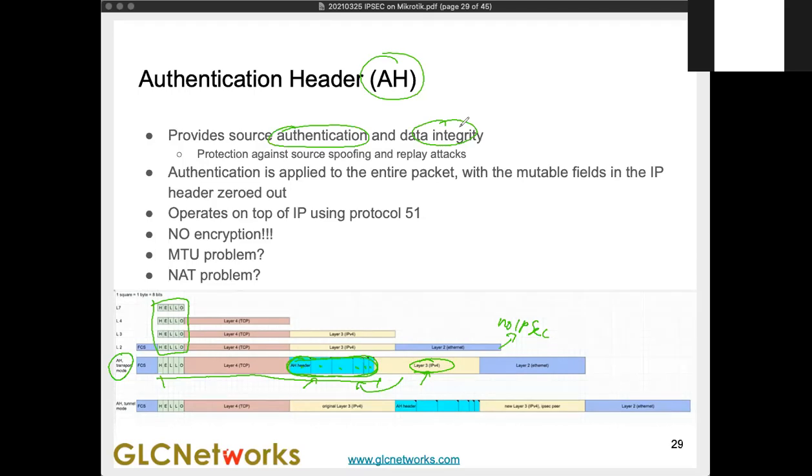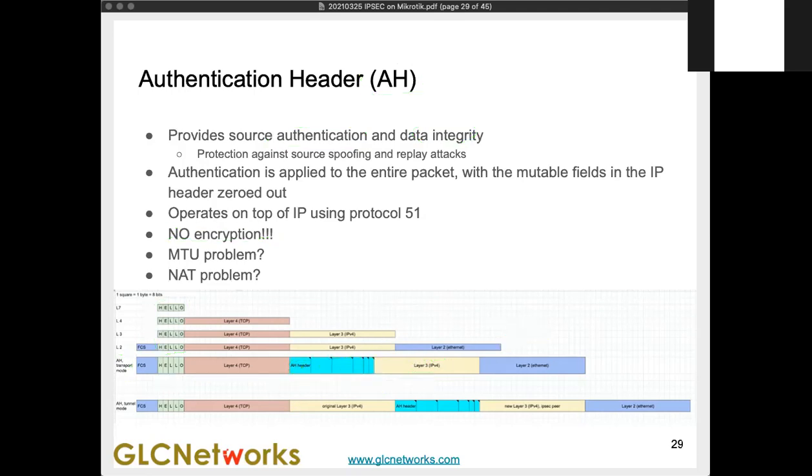But the issue with AH is no encryption, so people can see what's happening here. People can sniff if you just use the authentication header. Also, because we are adding more data, perhaps we will have a problem with the MTU. The MTU starts from here to here.